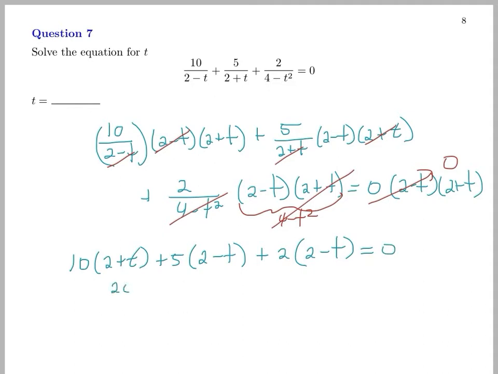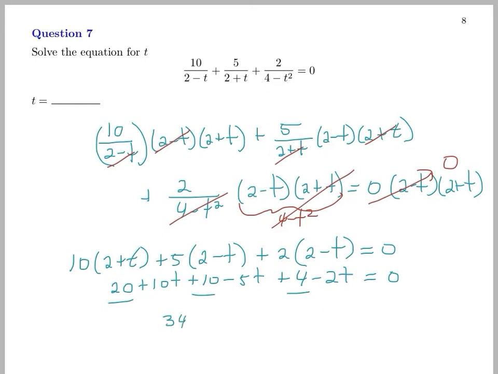And what's that? That's 20 plus 10t plus 10 minus 5t plus 4 minus 2t equals 0. So 20 plus 10 is 30, plus 4, 34.